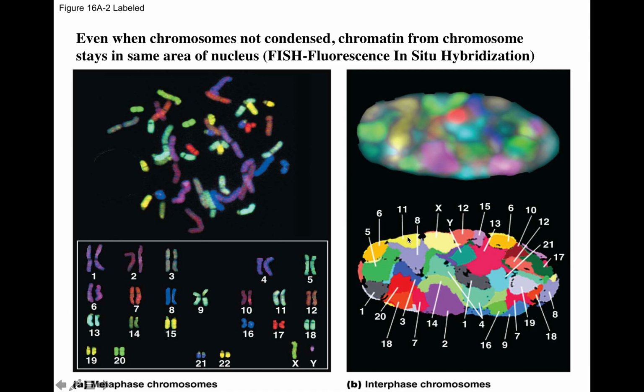It's not like you have part of chromosome 11 here and part of chromosome 11 over here. Here is one copy of chromosome 1, and then here's the homologous chromosome 1, each one intact in its area, and not next to each other, but as one linear molecule all together.